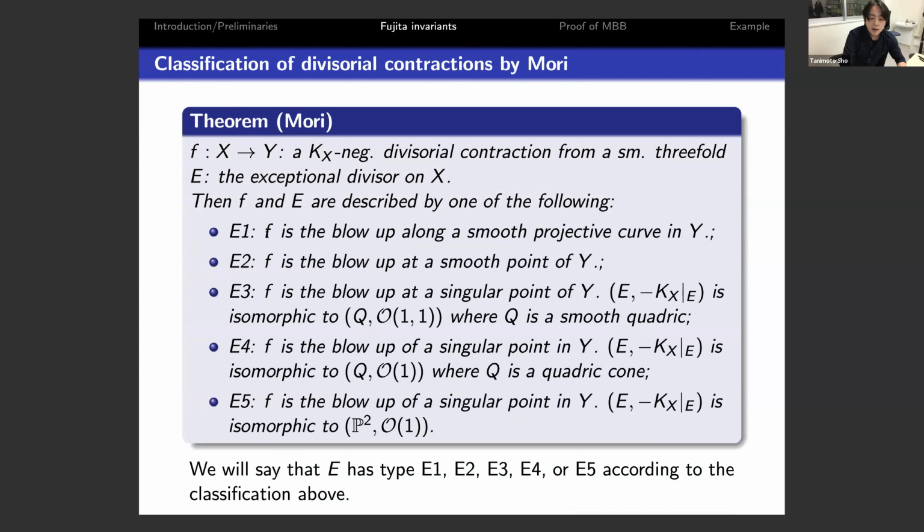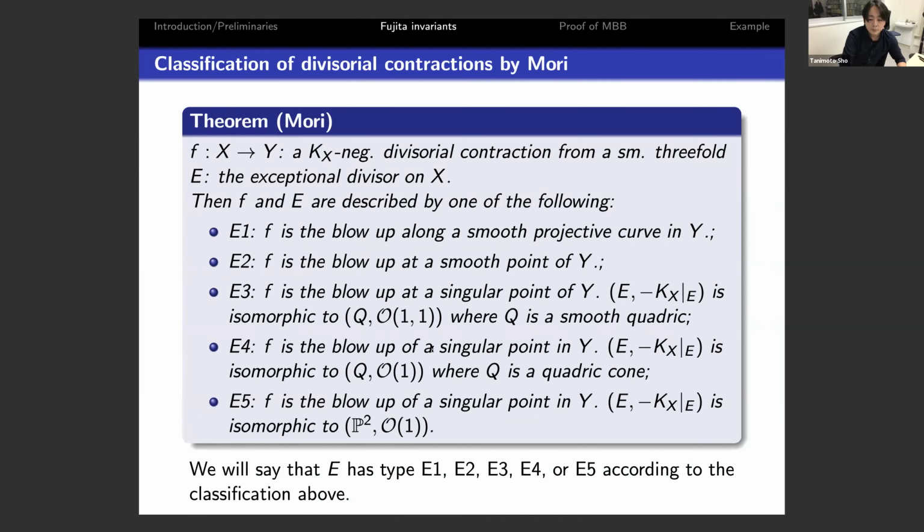E1: f is the blow up along a smooth projective curve in Y, so Y is smooth. E2: f is the blow up at a smooth point of Y, so Y is smooth. E3: f is the blow up at a singular point, which is an ordinary double point, and this polarized surface is isomorphic to a smooth quadric, where Q is a smooth quadric.